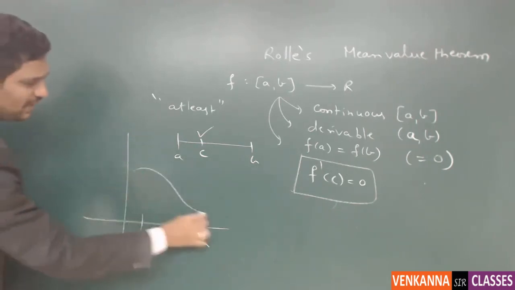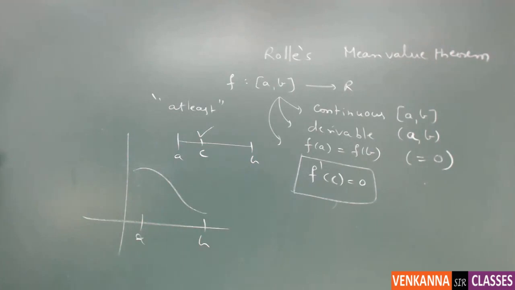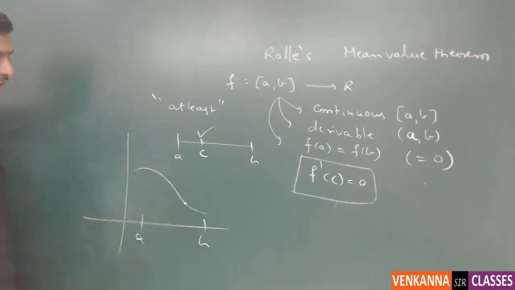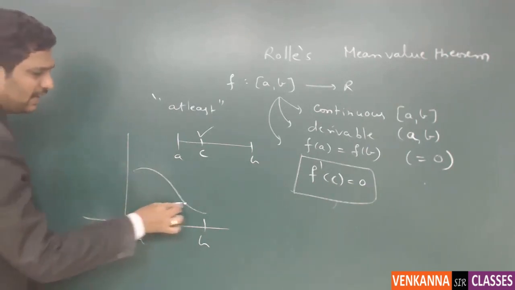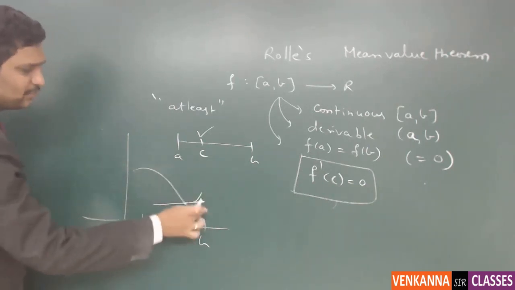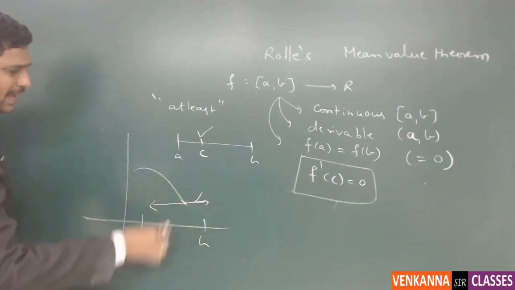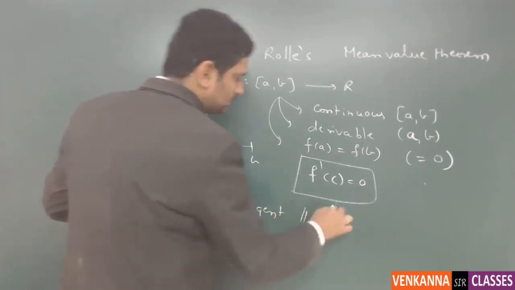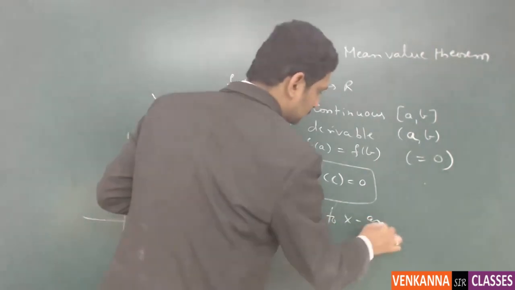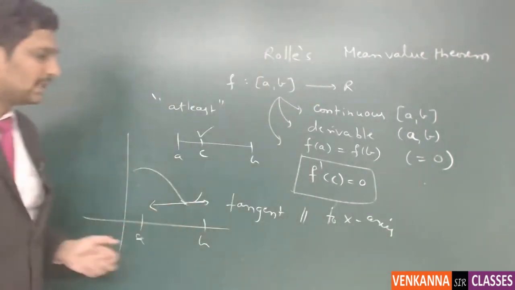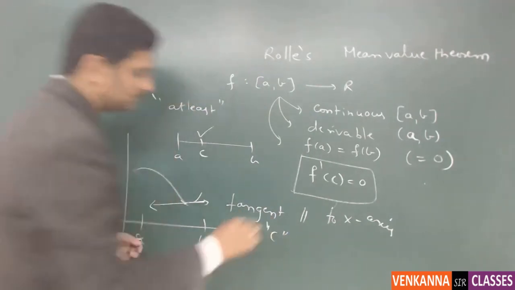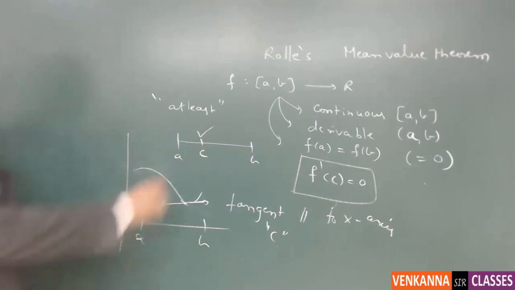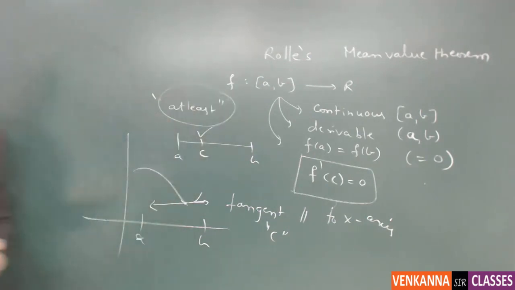So if this is the graph, then you can say that at least you can find one point C such that if you draw a tangent at this position, the tangent is parallel to the x-axis. At the point C, it means that there you have the possibility of at least one.